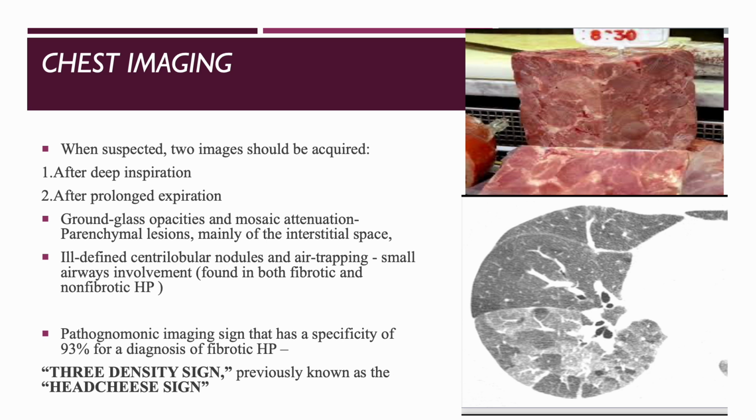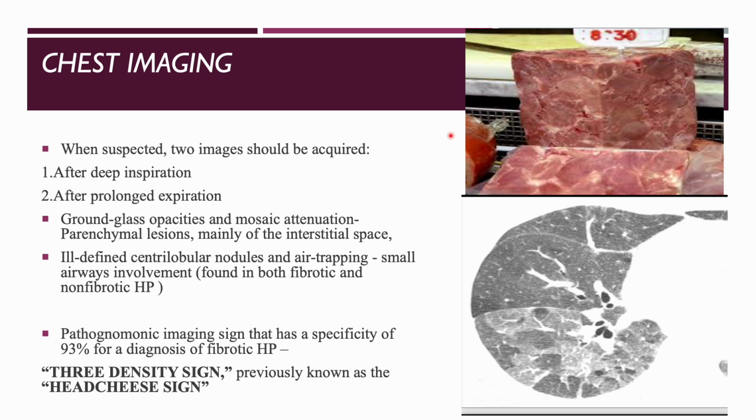Chest imaging, we've broadly covered it, but just to summarize, two images should be acquired: deep inspiratory and end expiratory images. That's very, very important to get our diagnosis. And you can see ground glass opacities and mosaic attenuation. You can see parenchymal lesions, nodules, interstitial centrilobular nodules, ill defined with air trapping.